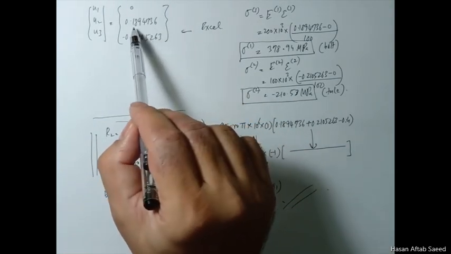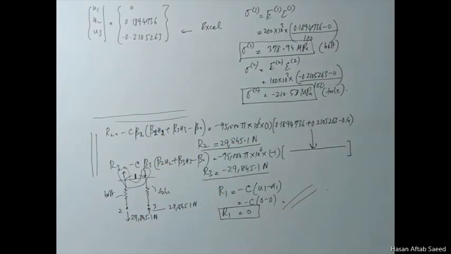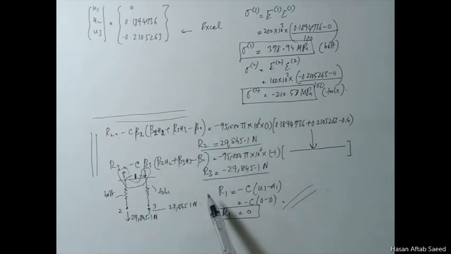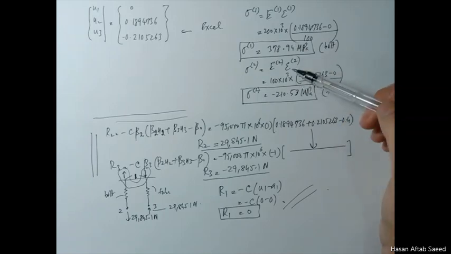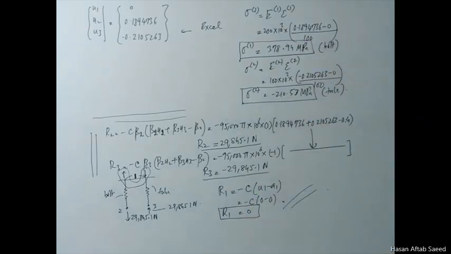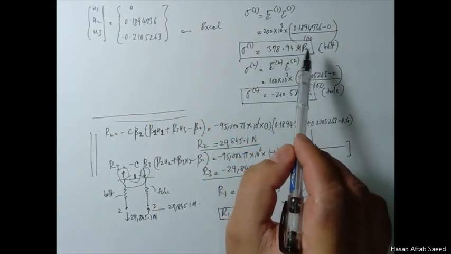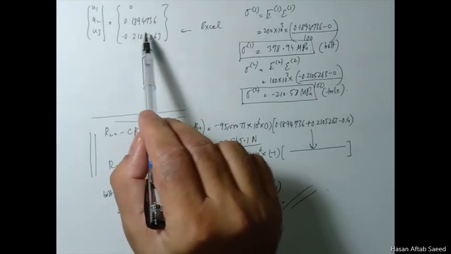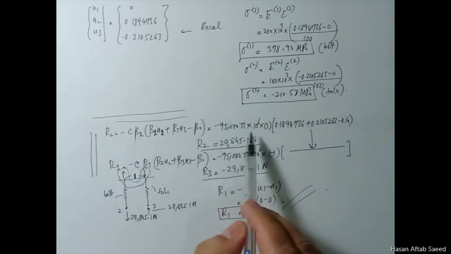Now if you use a curtailed value here, there will be some problems, more so in the calculation of reaction forces. Somewhat they will also be reflected in the calculation of stresses and strains, but for stresses and strains, even if a curtailed figure is used, you'll get reasonably good results. But when you use curtailed values for calculation of reaction forces, recall that very big numbers are involved here.